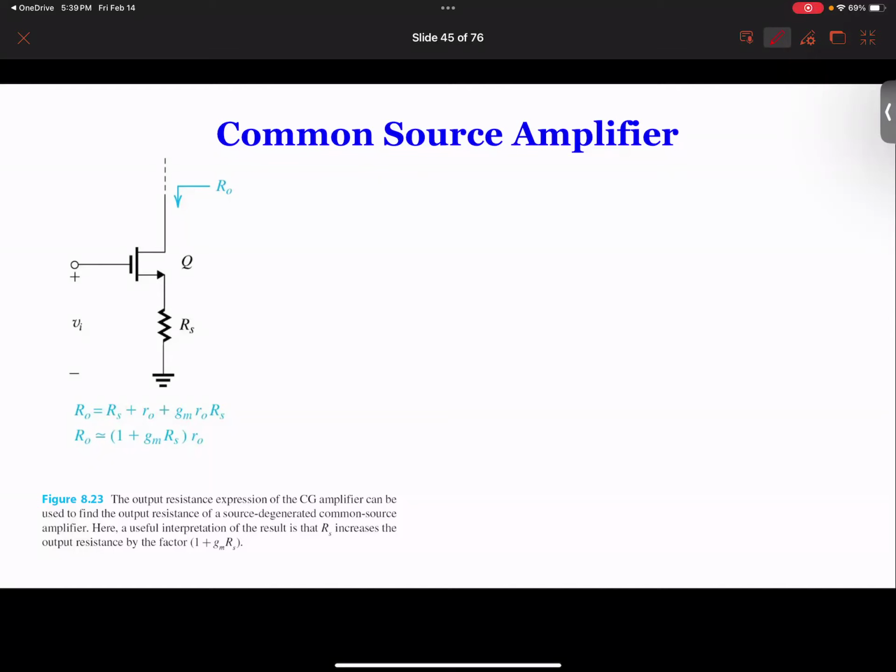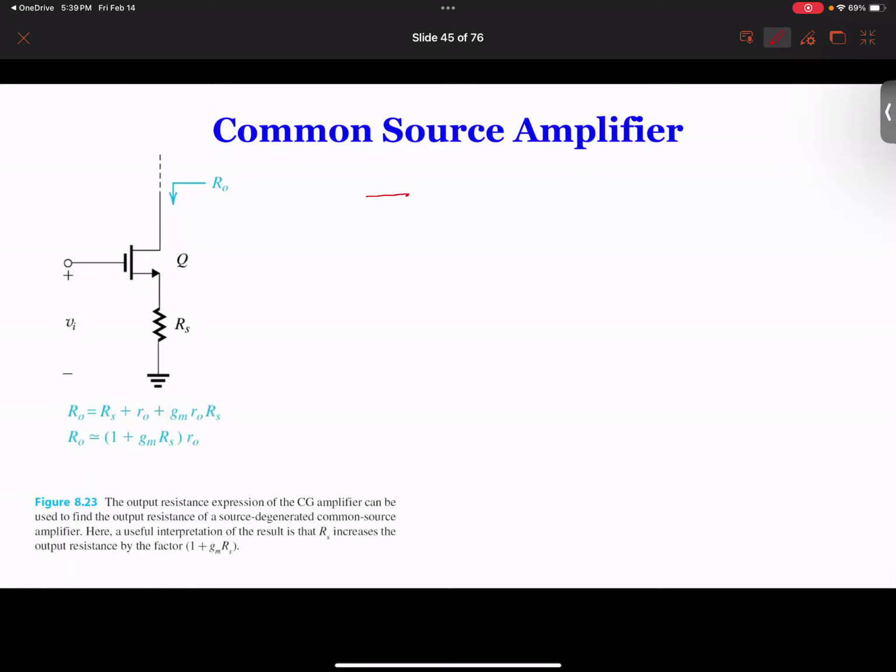So this one, actually, we can do like here. Let me draw the equivalent circuit using the pi model. It will look like this.